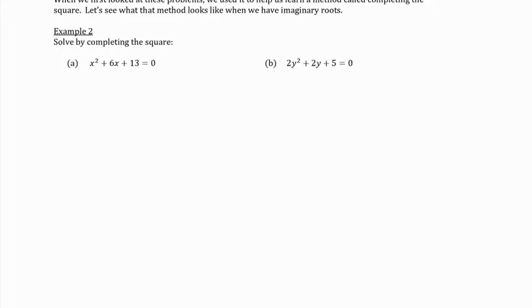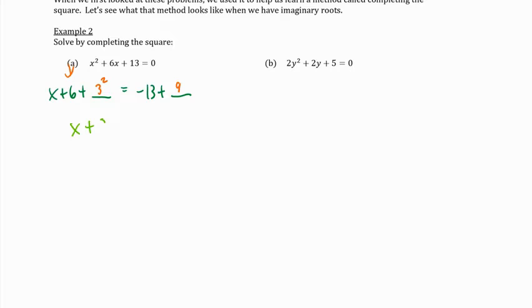Completing the square. Let's see what happens if we complete the square with imaginary roots. I'm going to subtract 13 from both sides first. I'm going to take half of that, which is 3, and square it. And if I add 9 on the left, I've got to add 9 on the right.